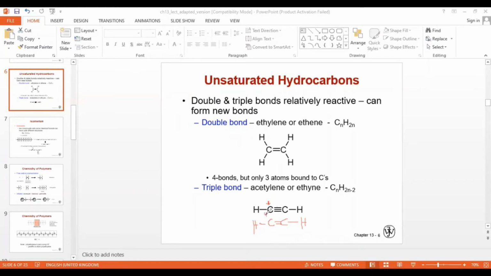You need to understand this is 4 bonds, not 4 atoms. This is only 2 atoms but 4 bonds. Here only 3 atoms but 4 bonds, right? So saturated, you see, that is 4 atoms as well as 4 bonds, right? So bonds are anyhow going to be the same throughout, 4 bonds, but the number of atoms are going to change, right? Either we can have 2 atoms or 3 atoms or 4 atoms.